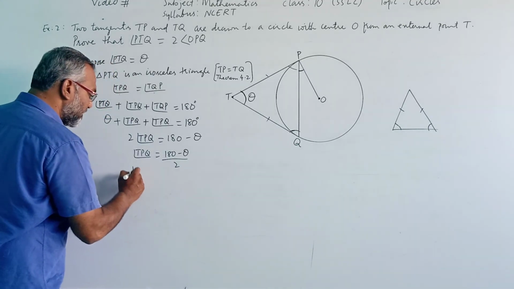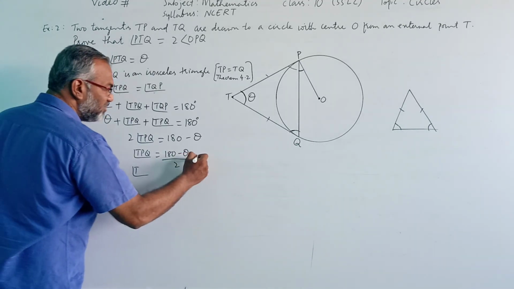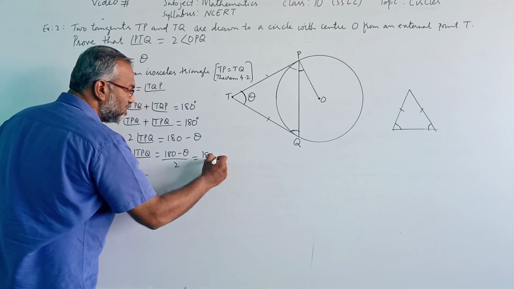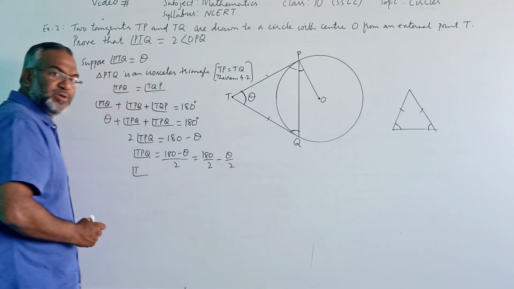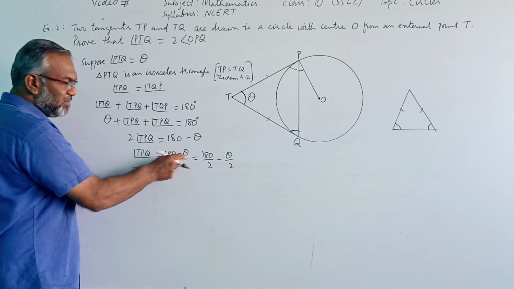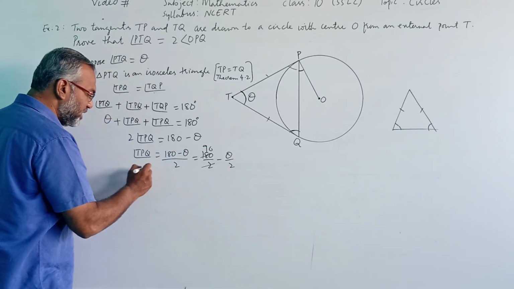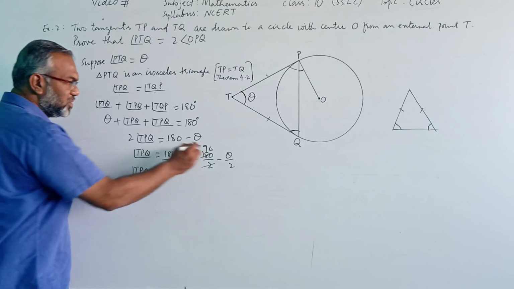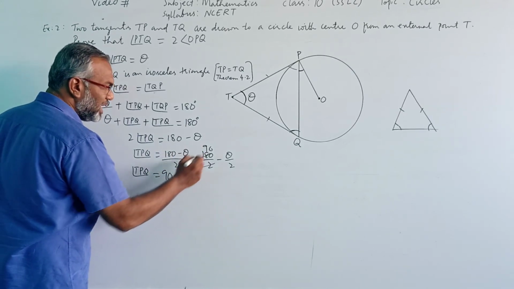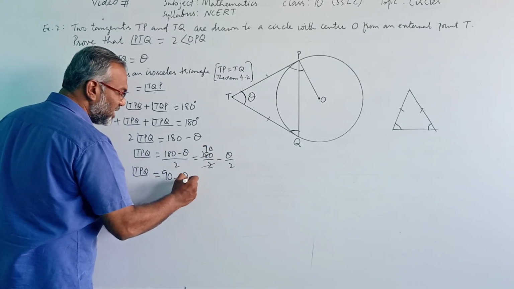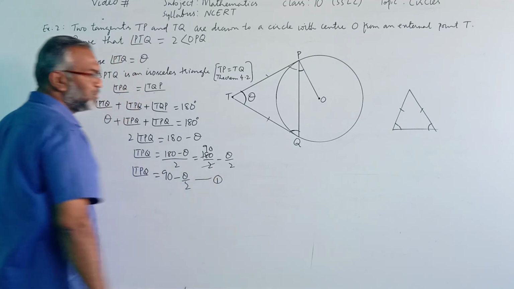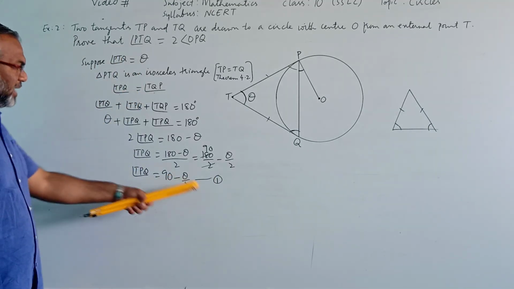Right? So angle TPQ will be equal to 180 divided by 2 minus theta divided by 2. This gets divided by both. So this becomes 90. So angle TPQ is equal to 90 minus theta by 2. This is equation number 1.